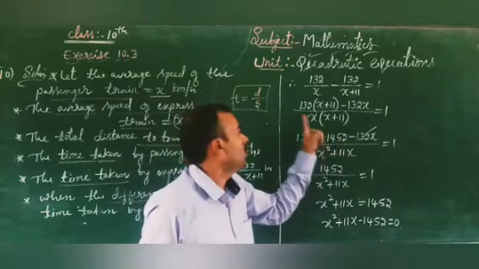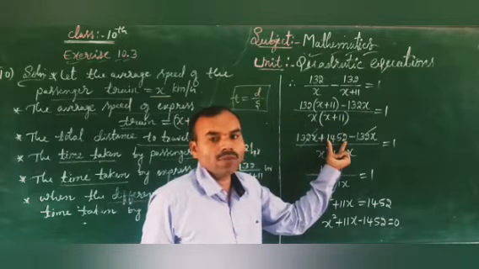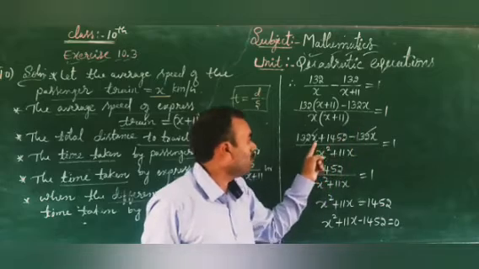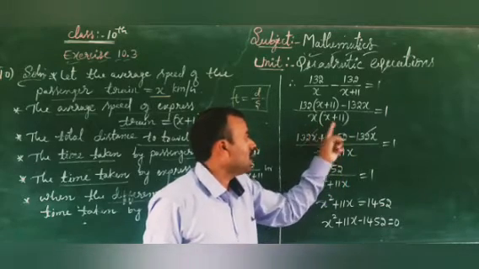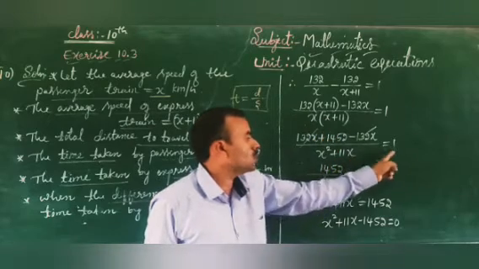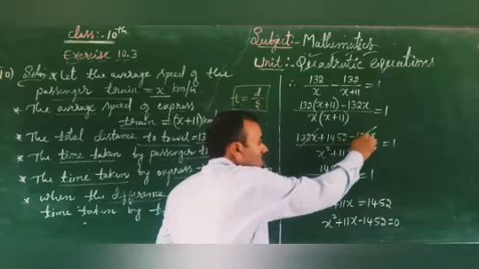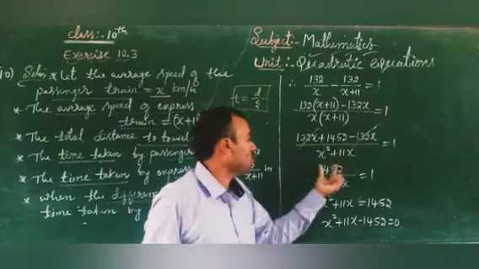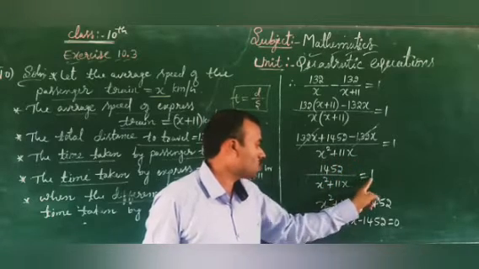Try yourself. Minus 132x, and 11 into x is 11x. Plus 132x and minus 132x get cancelled. Remaining is 1452 by x square plus 11x equals 1.